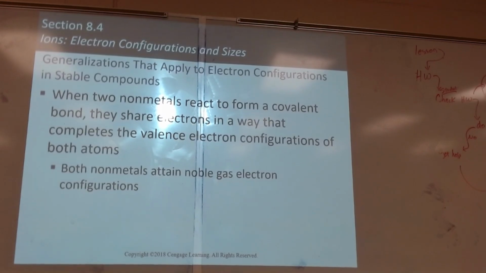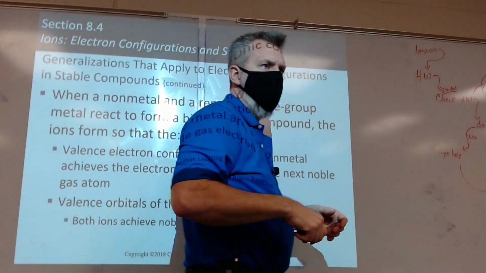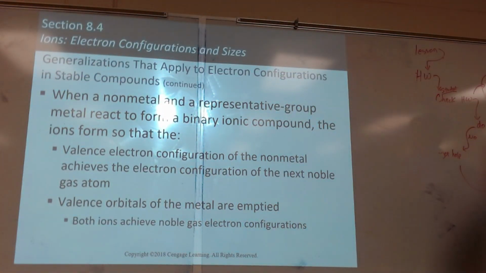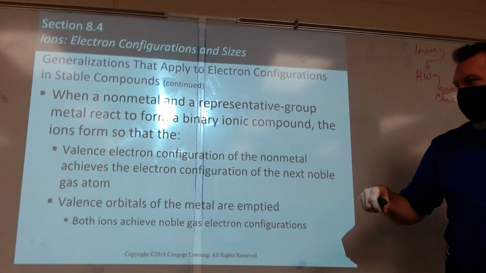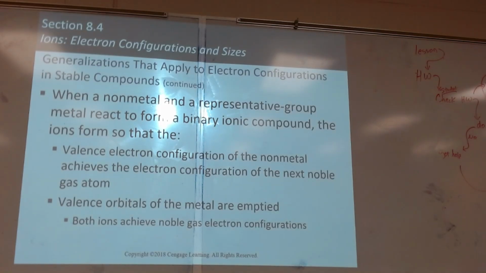Here we go. Let's try that. When a nonmetal and a representative group metal, what groups do those belong to? 1 and 2, that's it, yeah. The ion forms so the valence electron configuration of the nonmetal looks like the next noble gas.